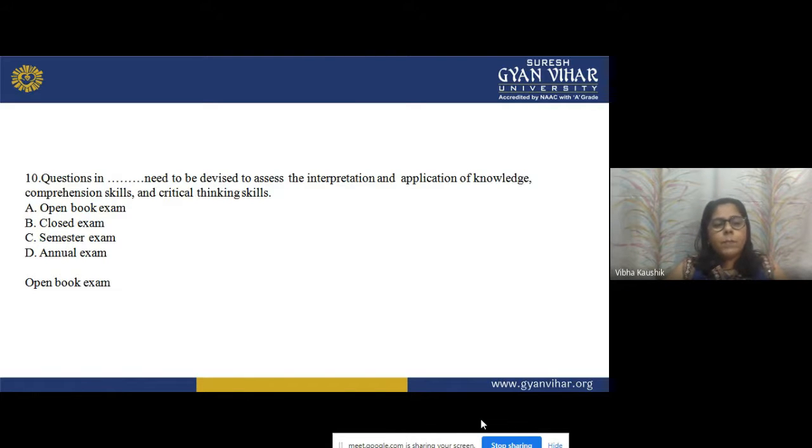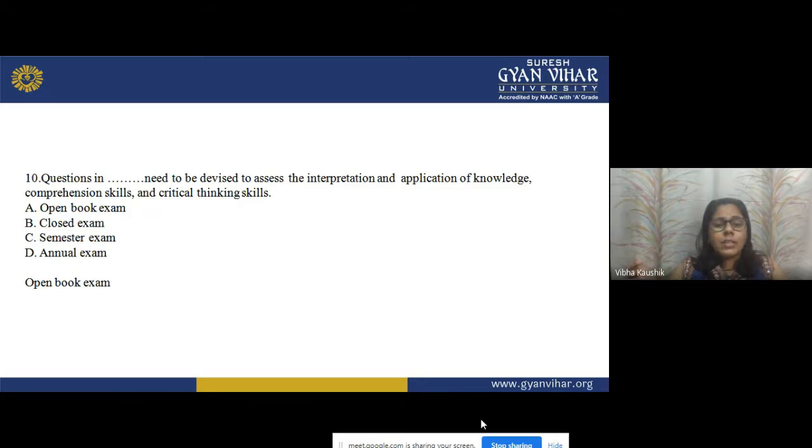Now the 10th one. Questions in dash need to be diverse to assess the interpretation, means the assessment of interpretation related to any question, application of knowledge, how well you are able to apply that knowledge, comprehension skill, means the understanding level of your skills, and critical thinking, how well you are able to critically look at a thing.